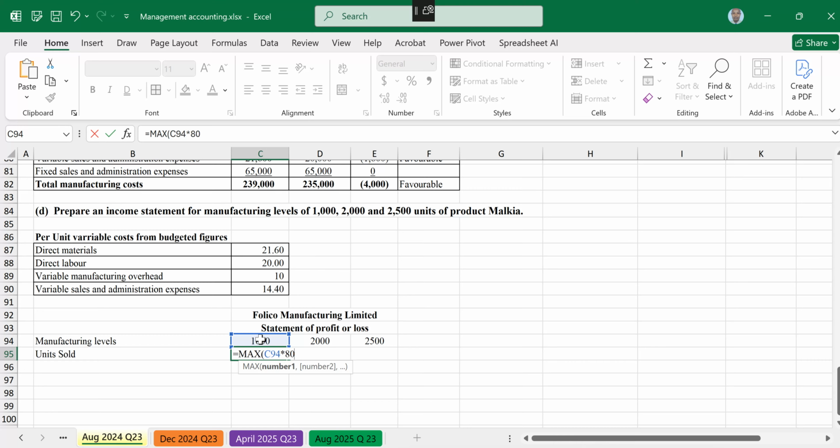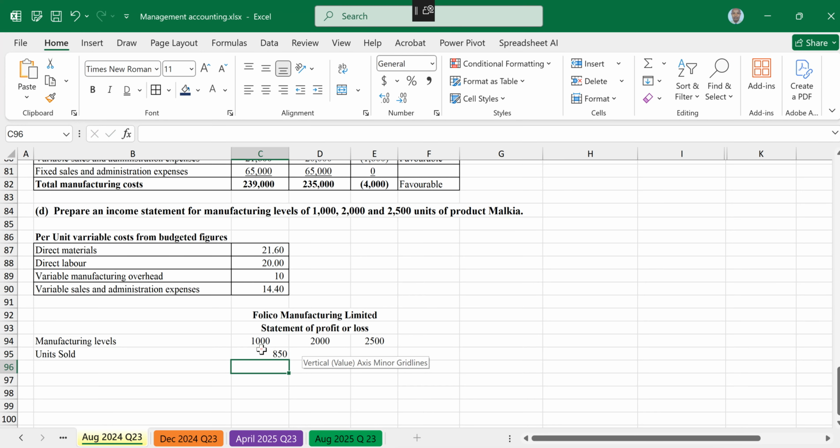Remember they said it is 80% of the units produced of the manufacturing levels, but there is a contract that you must supply a minimum of 850. So the maximum between 1000 times 80% and 850. Enter, and you can see the first one is 850, but the others have gone for the maximum.